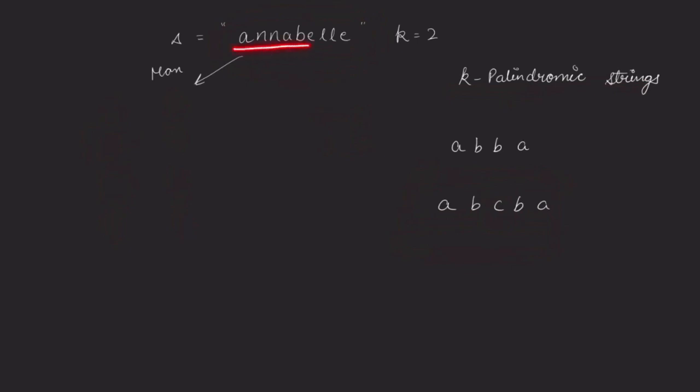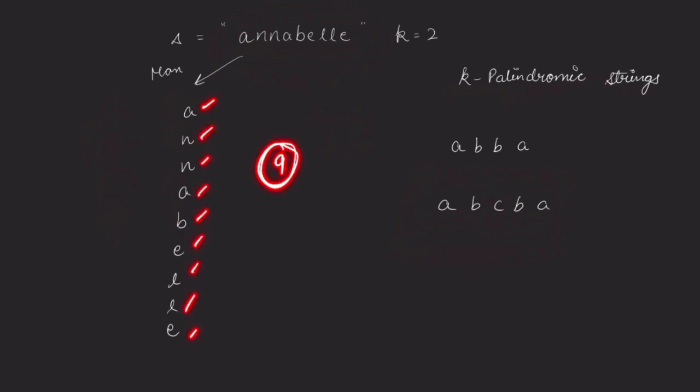So if I want to find out the maximum number of palindromic strings that I can create from string S, I can take all the characters individually. So this is one string, then N, N, A, B, E, L, L, E. I can create all the palindromic strings of length 1. So this is 1, 2, 3, 4, 5, 6, 7, 8, 9.